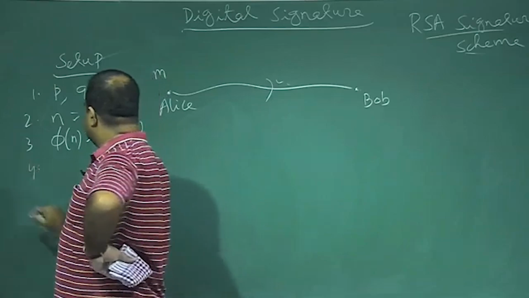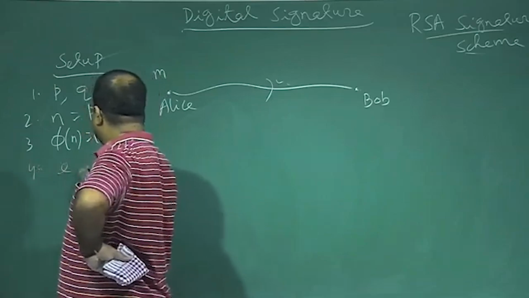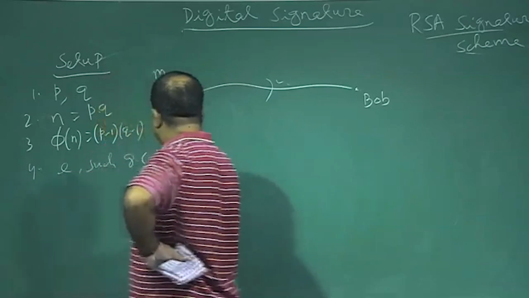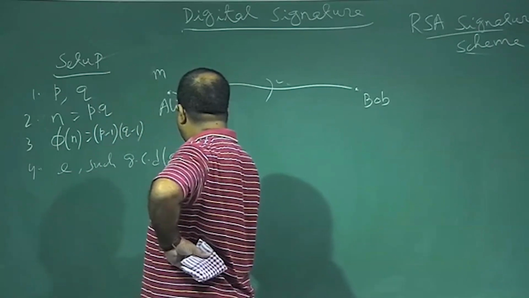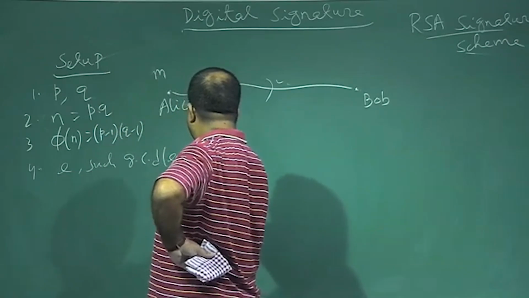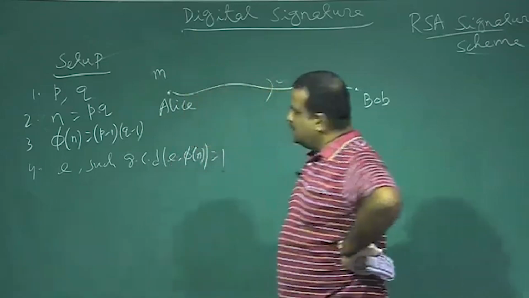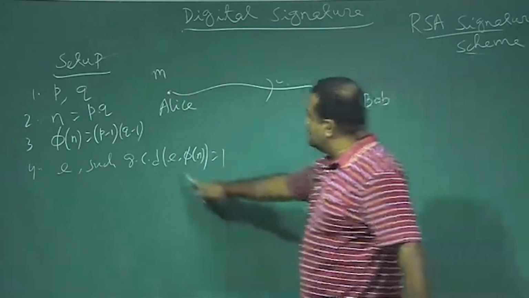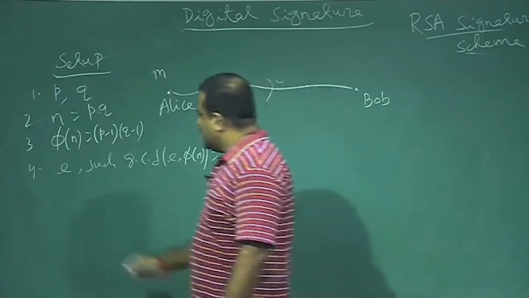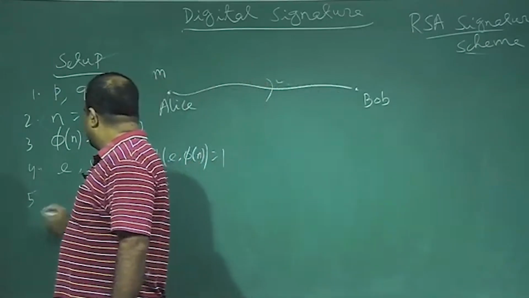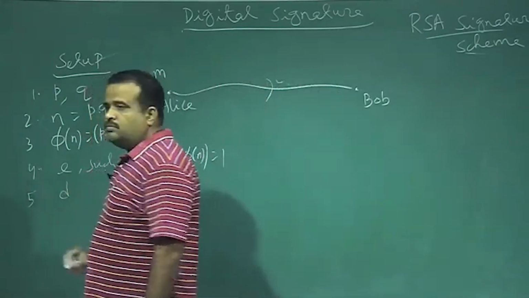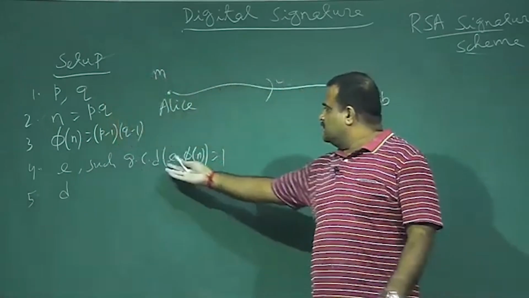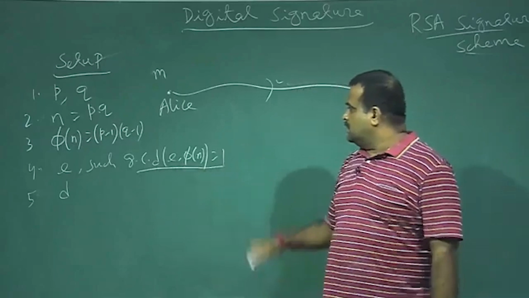Then Alice chooses an E such that GCD of E comma phi n is 1. This is required to ensure that this E has an inverse under mod phi n, and that inverse we denote by D. So we find the inverse of E, and that will exist because this GCD is 1.